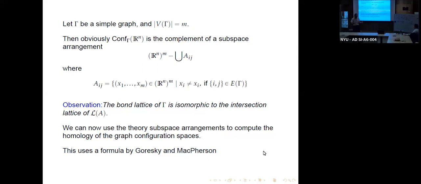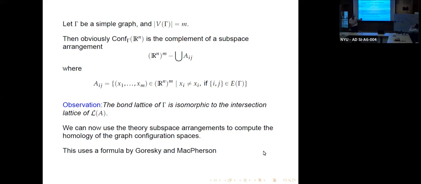And how do you compute this? There is a marvelous theorem by Goresky and MacPherson, using stratified Morse theory, but then people have realized that, in fact, it's just Alexander duality.